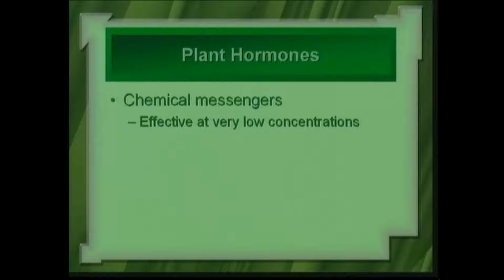So even if the plant or the animal is only making low concentrations of these hormones, as long as the body is balanced, as long as everything's going fine, pretty much the body of the plant or the animal can carry on with what it needs to do in order to survive. Just like in our bodies.